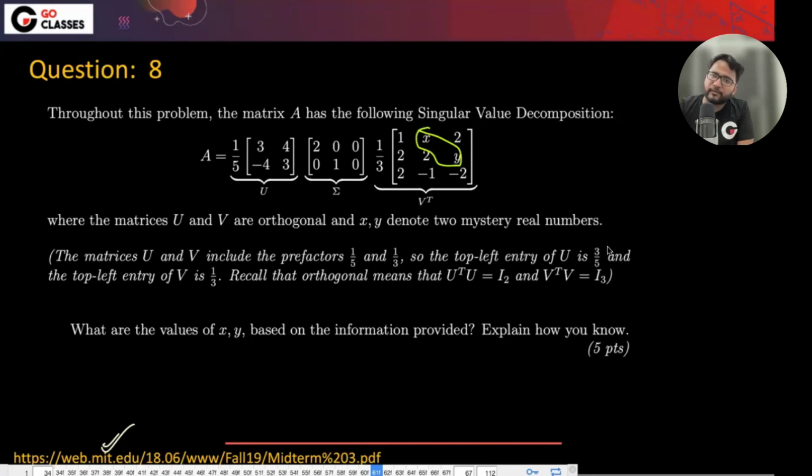It is easy with just one interpretation. Should I give you the hint? This vector is, okay, I am not telling.